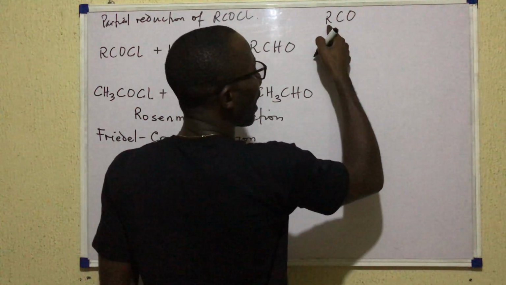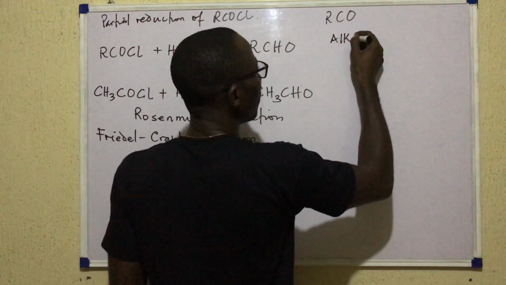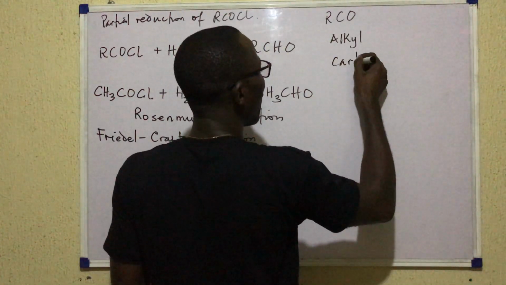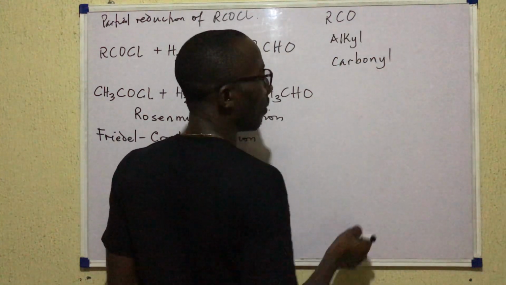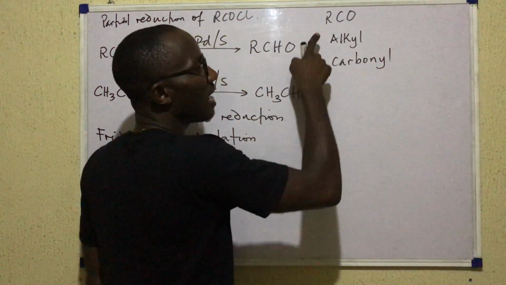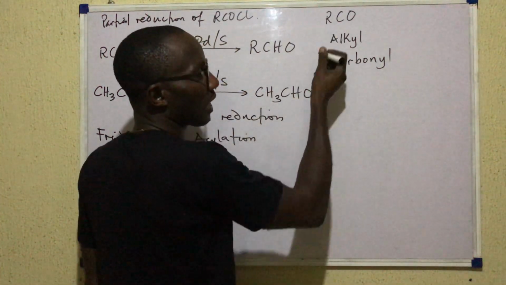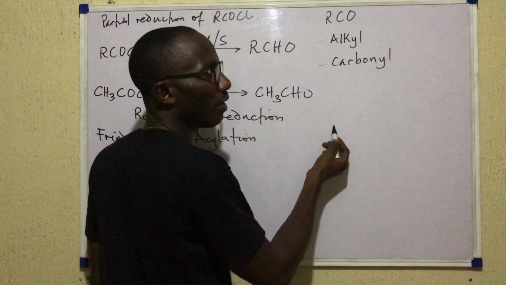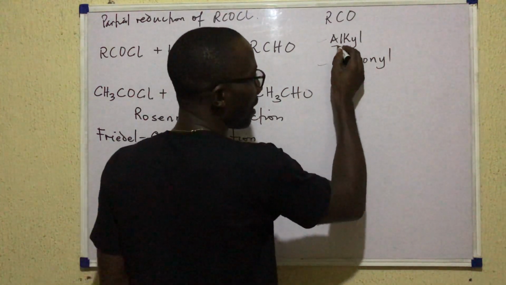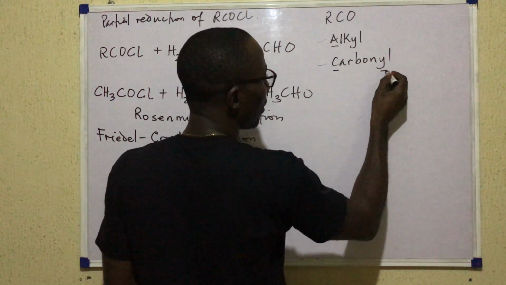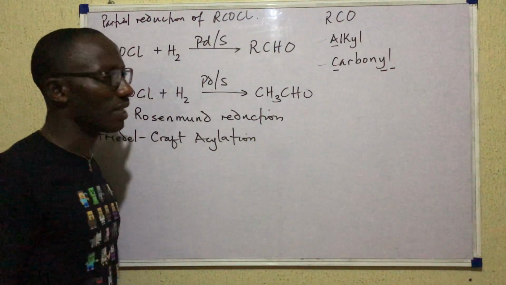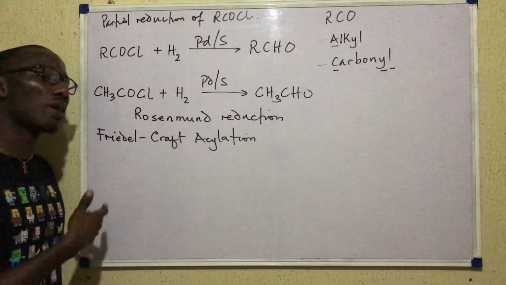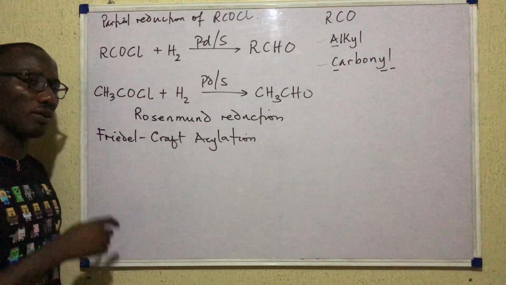We know that R is alkyl, and C is carbonyl, so that the acyl group is like a combination of what now? The alkyl group and the carbonyl group. So some pick their A, their C, and their YL from there to say that's an acyl group. So an acyl group is like an alkyl carbonyl group, RCO.